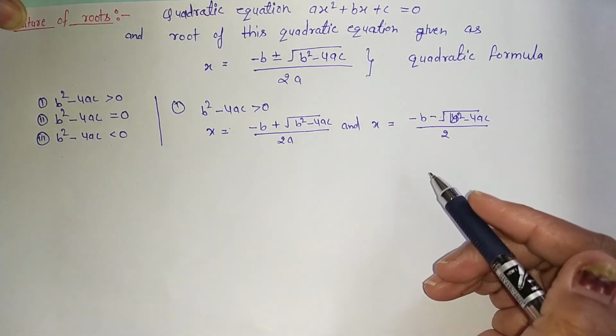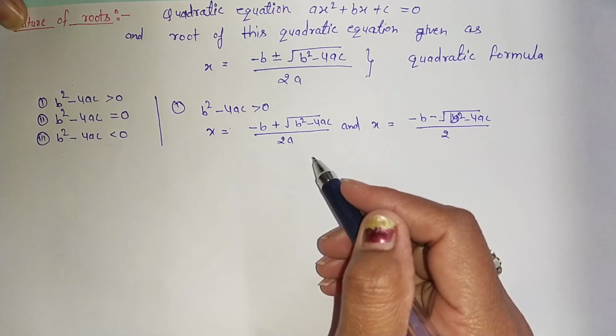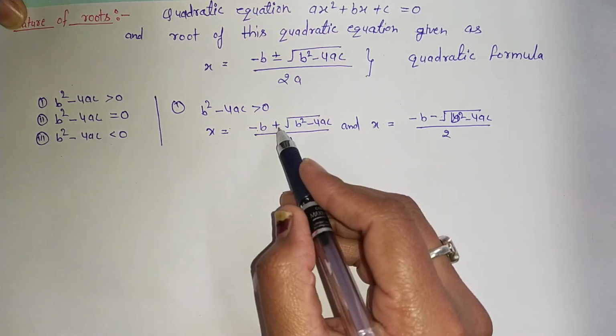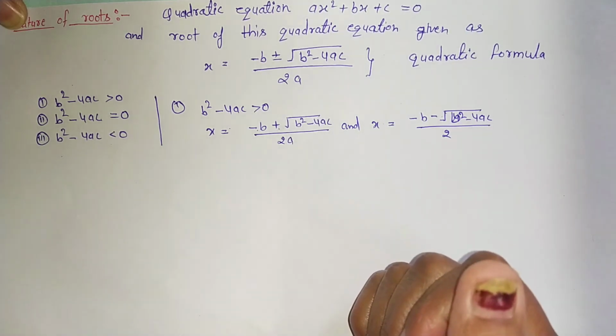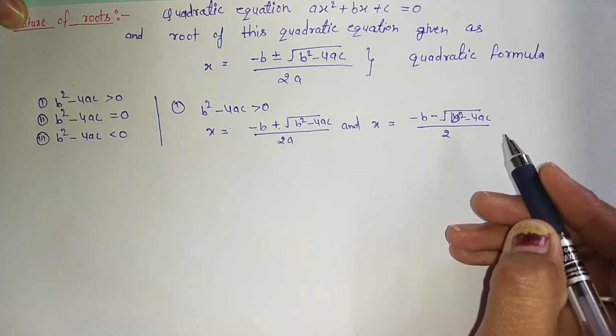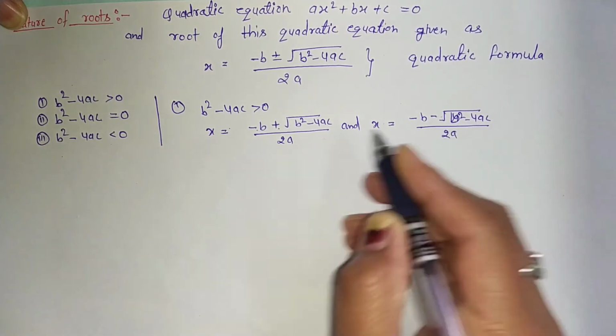If b square minus 4ac is greater than 0, we get two distinct real roots, that is minus b plus square root of b square minus 4ac upon 2a, and second is minus b minus square root of b square minus 4ac upon 2a.